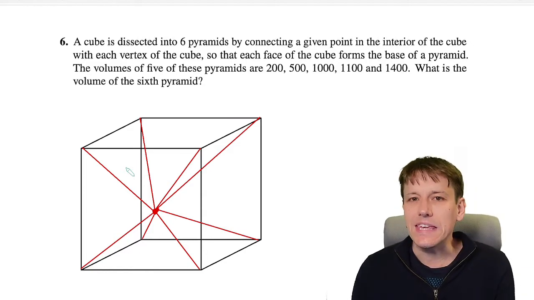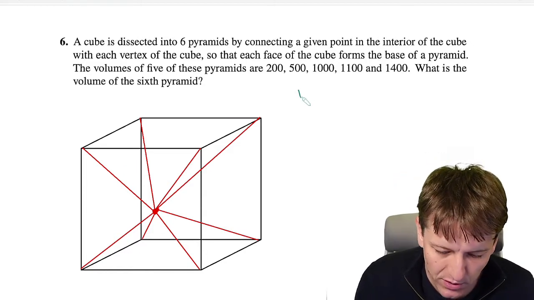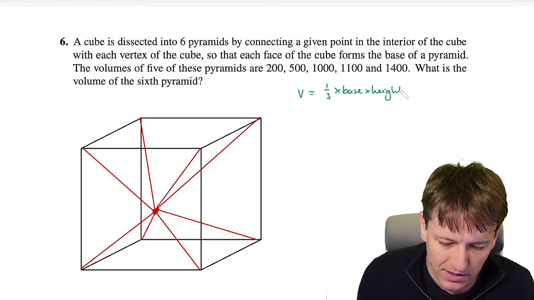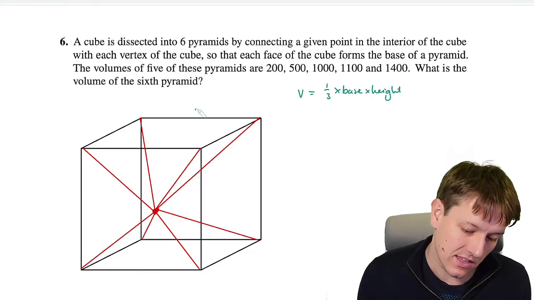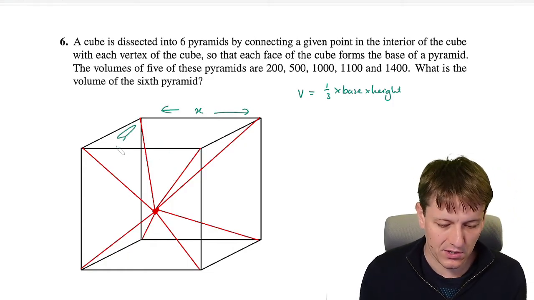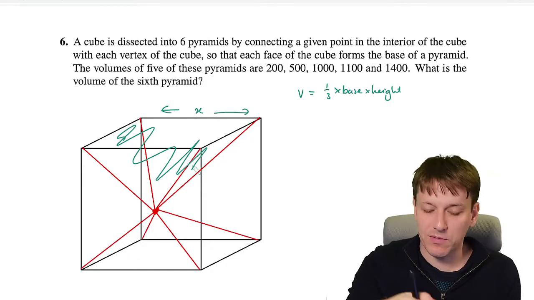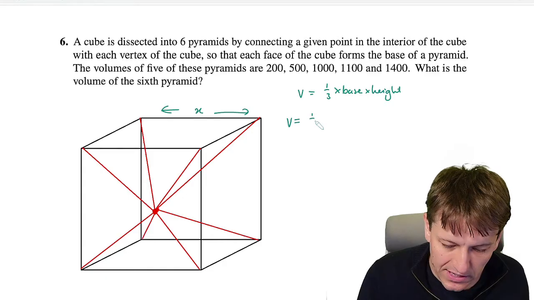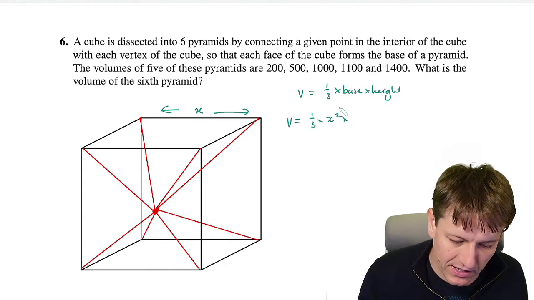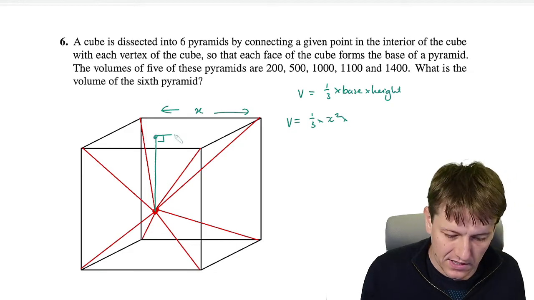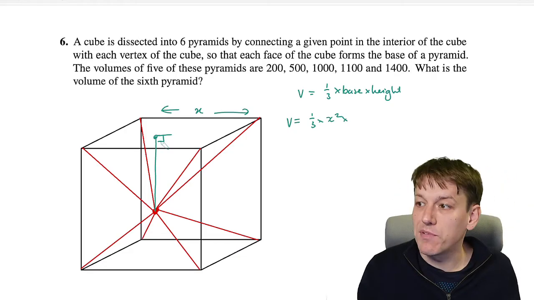So the key here is, well, we know firstly that the volume of a pyramid is a third times the base area times the height of that pyramid. So let's just say the side length of the cube is x. So like for this top pyramid here, the one that's going from the top face downwards, its volume is going to be a third times x squared times whatever the perpendicular height is to this top face.